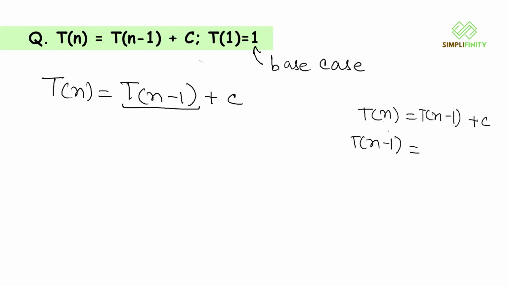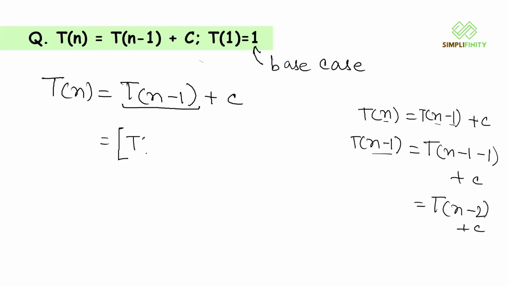We will just replace n with n minus 1. So T of n minus 1 is T of n minus 2 plus C. We will substitute that over here: T of n minus 2 plus C, and this C goes here as it is.